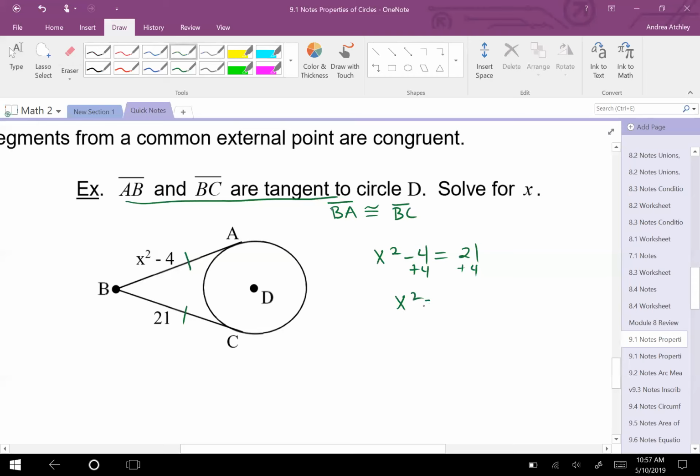I'm going to get x squared equals 25. I'm going to square root both sides. And I'm going to get x equals 5 and negative 5. Now if I plug 5 into this, I'd get 21. If I plug negative 5 into this, that would still give me 21, so those both work. So I need both of those answers. Any questions over that?